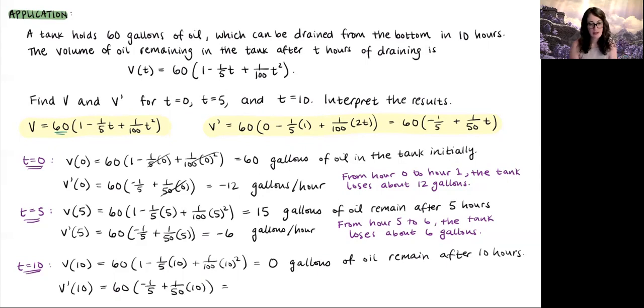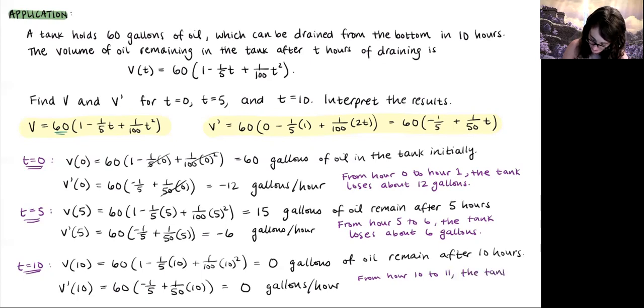And when you do this out, you will get 0 gallons per hour, which makes sense because there's no more oil left, right? So nothing is draining out at hour 10. So the way that we would interpret this is from hour 10 to hour 11, the tank loses about 0 gallons.